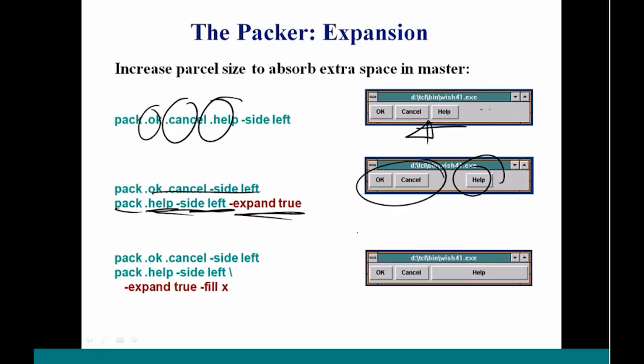But now if you do expand true fill X, that will fill up all the space with the button itself. So here we can see that once we say OK, cancel set, the help side left, that is very similar to this, and then we say dash expand true fill X. If fill X is set, then it fills out the whole button. So that's the difference between expand and expand fill.